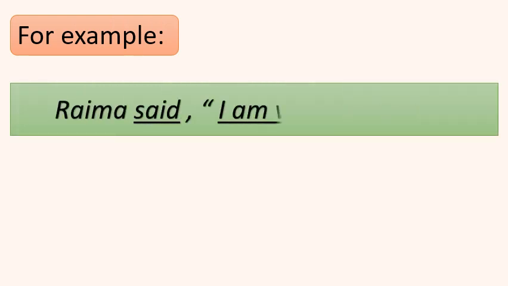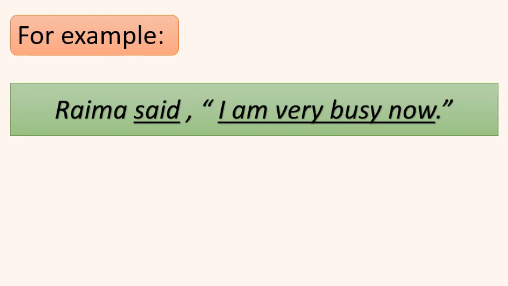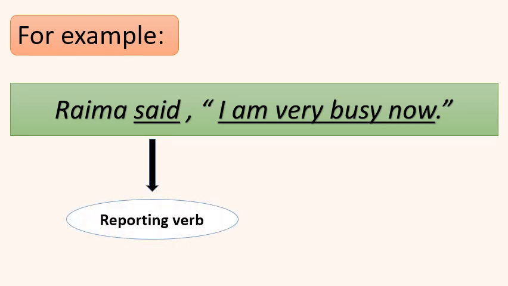For example, Raima said, comma, inverted commas start, I am very busy now. Full stop, inverted commas close. So, students, here Raima said. So, said is here reporting verb. And what do you mean by reporting verb? Reporting verb means the verb that introduces the reported speech is called reporting verb.